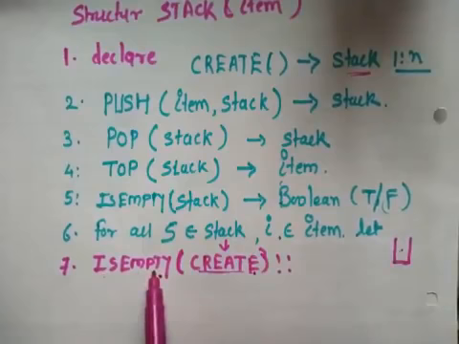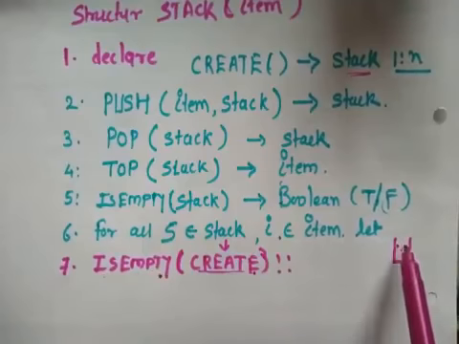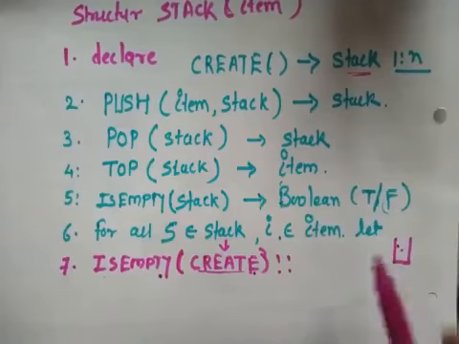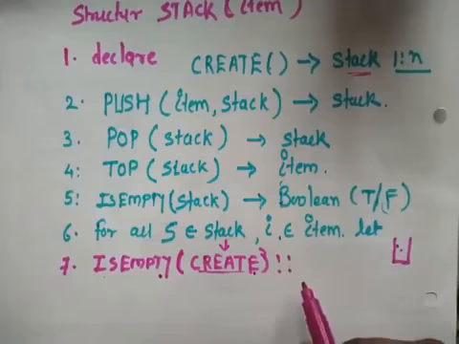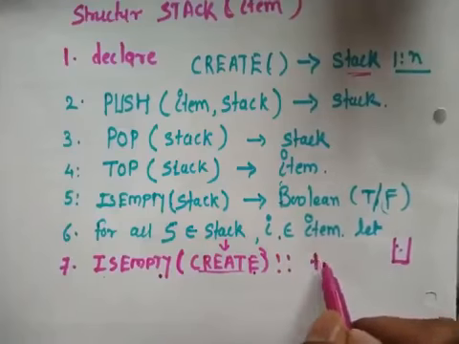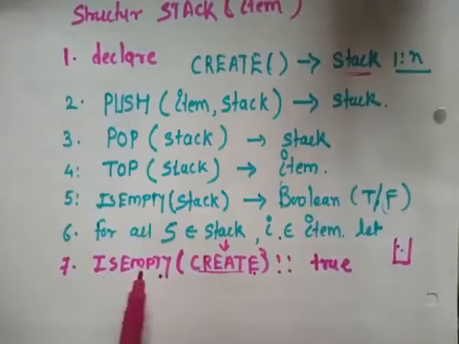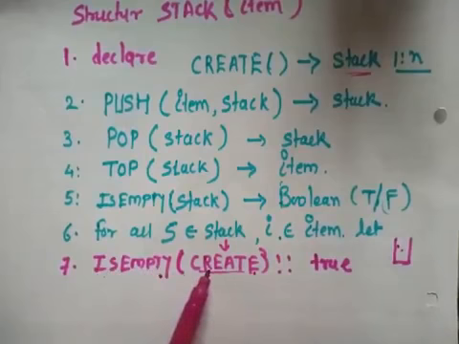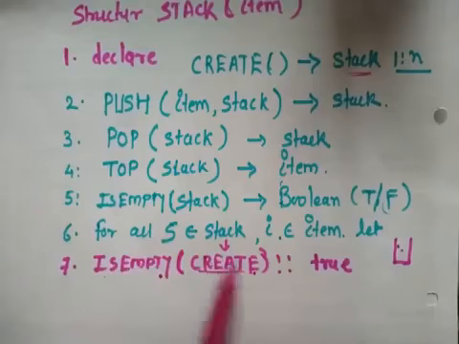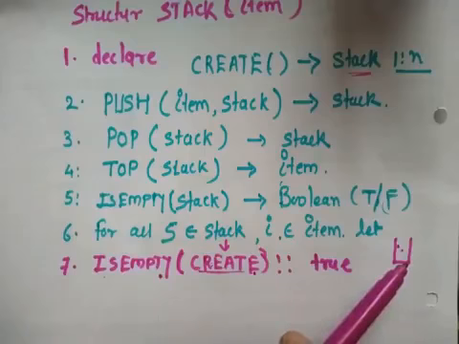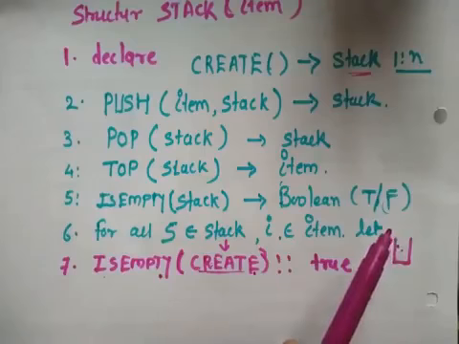Then this isEmpty function checks whether that stack is empty or not. So what do you think it will return? It will return true. I'm going to explain again: if the isEmpty function takes as an input the create operation, it will return an empty stack, and the isEmpty function checks whether this stack is empty or not.